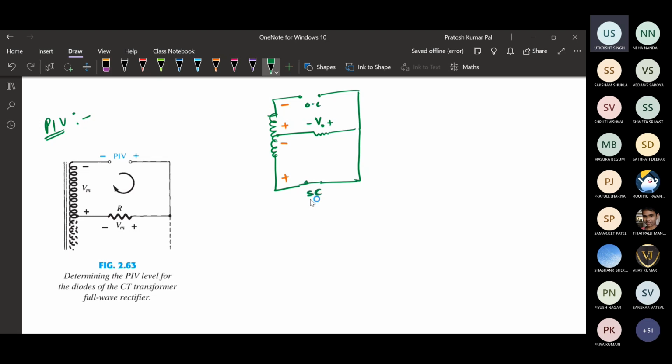This is open circuit and this is short circuit, so a complete circuit is formed and there will be a current flowing. Vm is the maximum input we are applying, so the same maximum voltage will be obtained across the output.